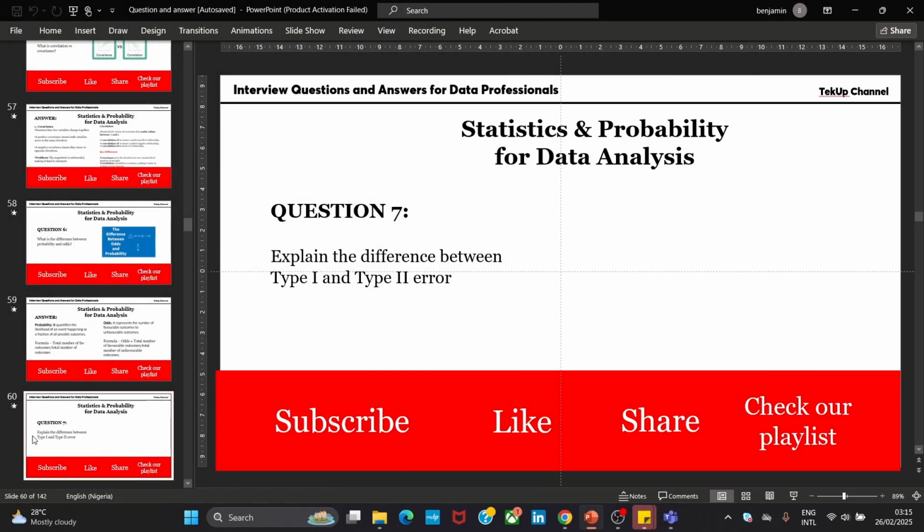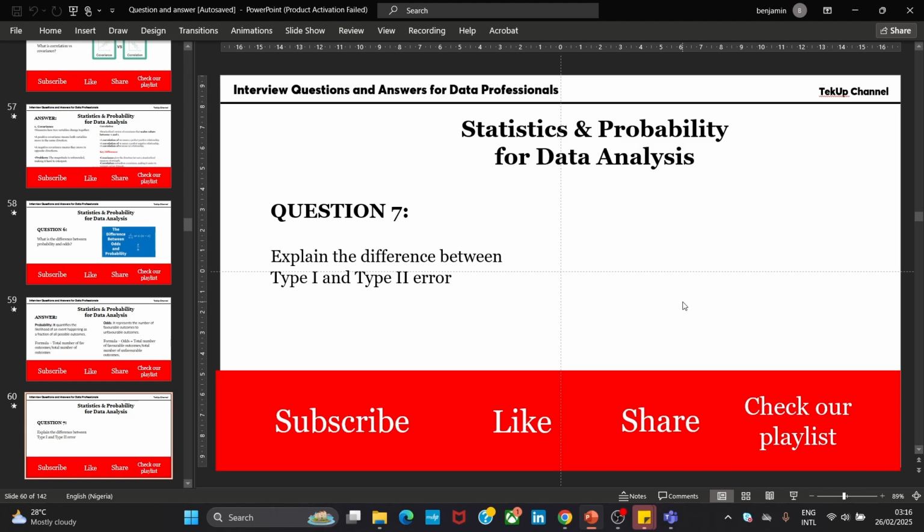Question number 7. Explain the difference between type 1 and type 2 error. Now, one thing you need to understand is that type 1 and type 2 error occurs during hypothesis testing. A type 1 error is a situation where we reject a null hypothesis instead of accepting it.